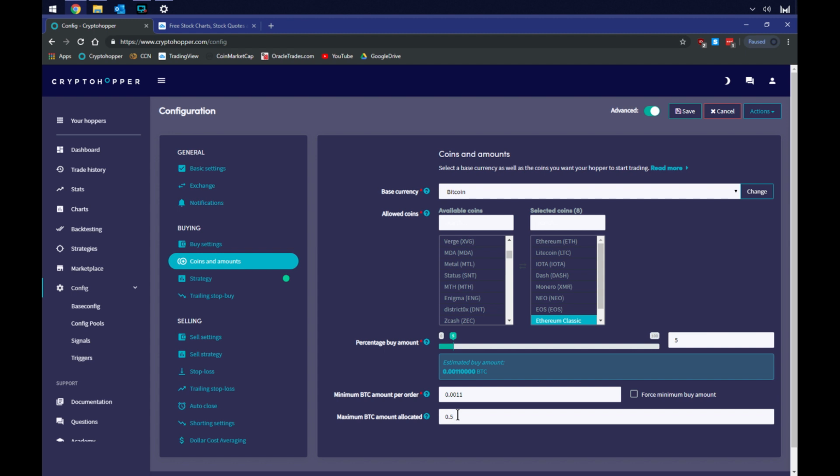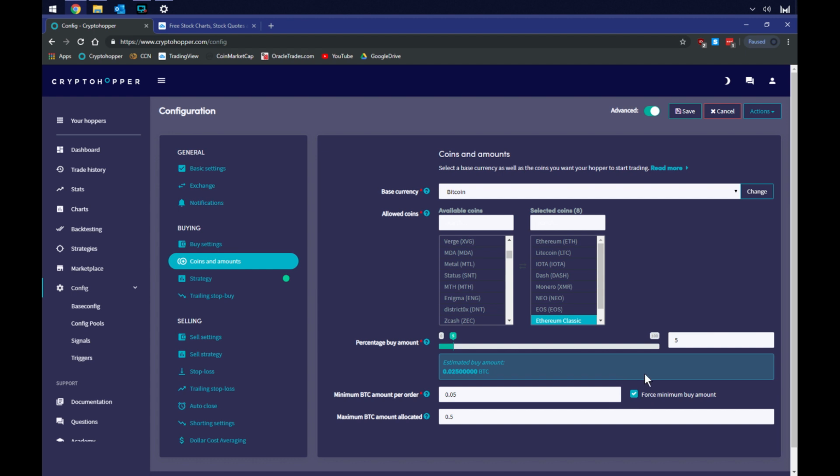So if we allocate half a Bitcoin as our overall budget, and we want to allow up to 10 trades at any given point in time, our minimum BTC amount here would be 0.05. If you select to force this minimum buy amount, every order will be opened at that amount.